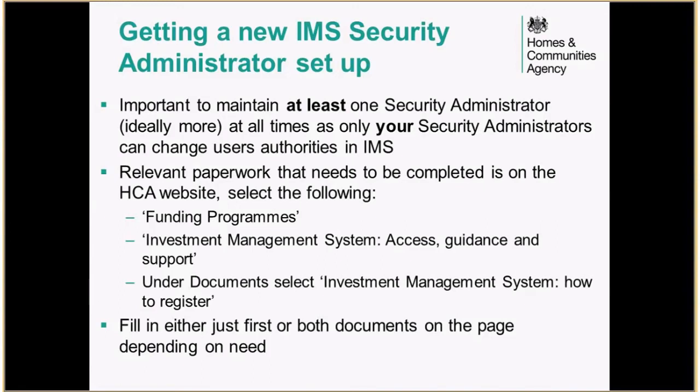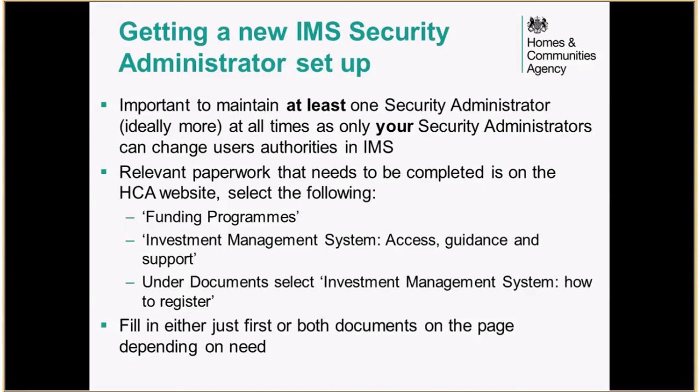If you want to change security administrators, there is some paperwork that needs to be filled in, and I will show you that shortly. That paperwork you will find on the HCA website. From the top of the page, you would click on Funding Programmes, then Investment Management System, Access Guidance and Support.